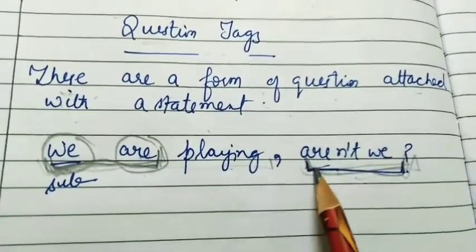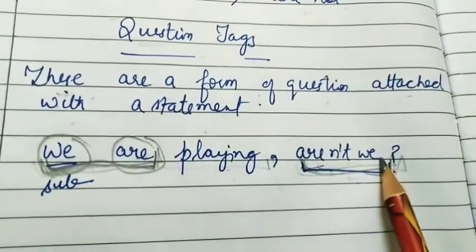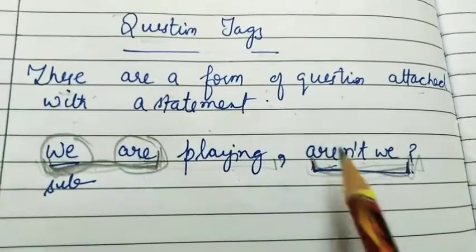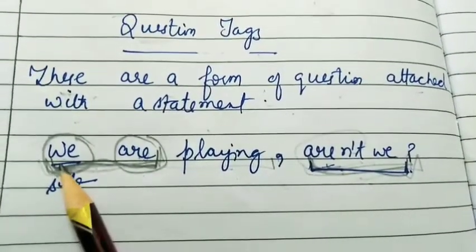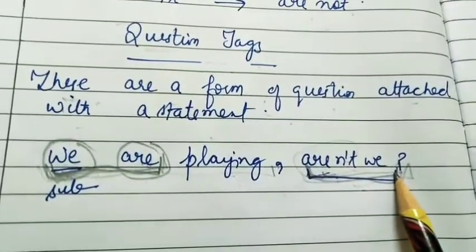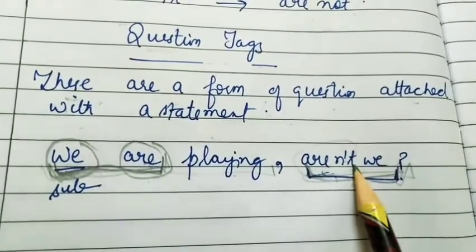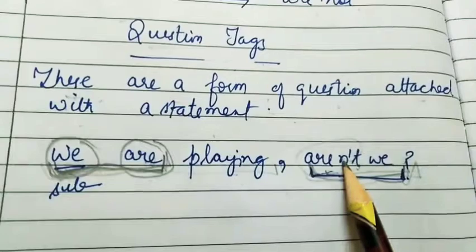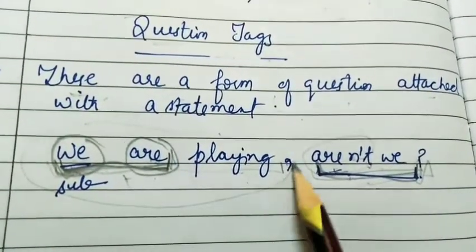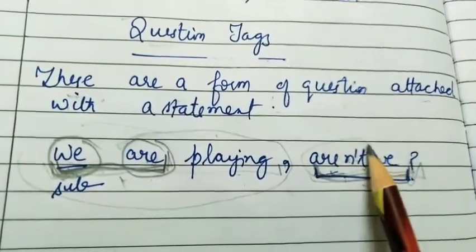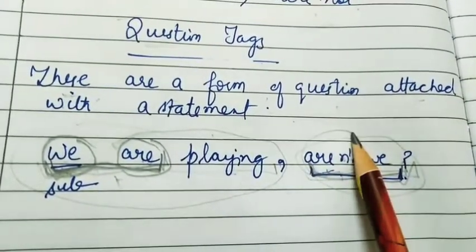Okay, now here aren't we, we have put are here and used its contraction form, and then we have used we here. So the question tag will be in the opposite form to the statement form. If the statement form is positive, then the question tag will be in the negative form.